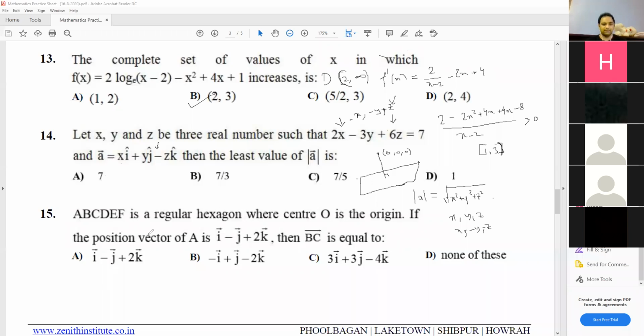Okay, next, 15. ABCDEF is a regular hexagon with center O. If the position vector of OA is this, then what is the position vector of BC? So let's say we create a benzene. This is O. Oh, I'm completely out of practice drawing benzene.